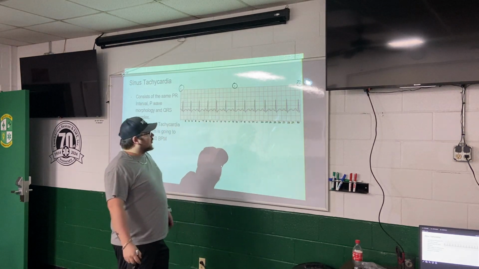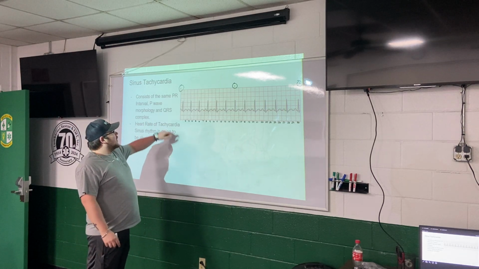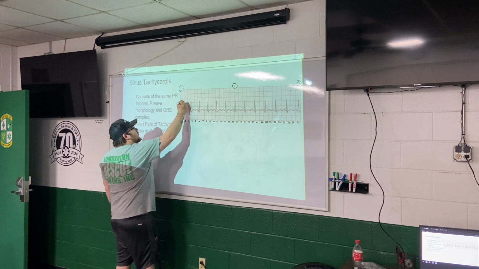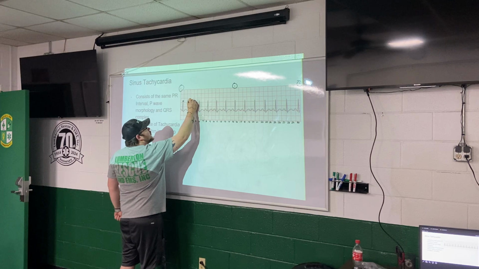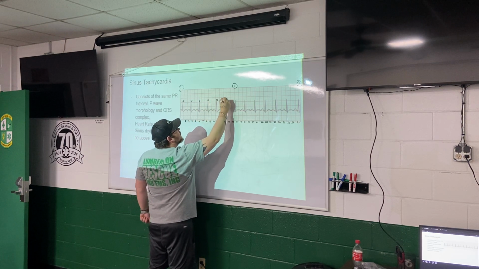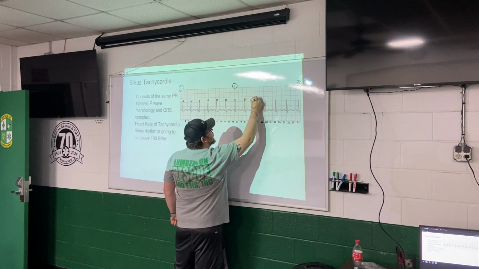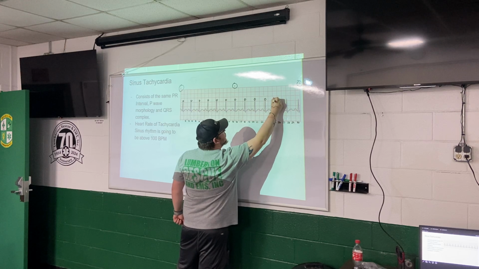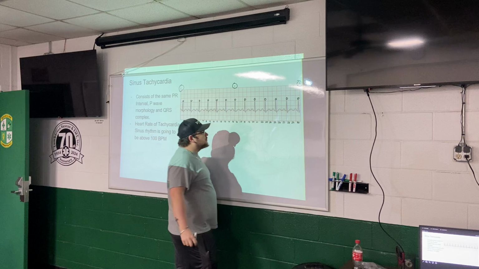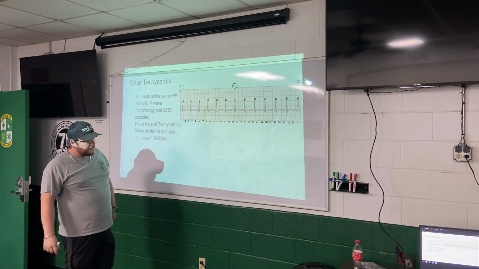So we got our 30 boxes, so we got a 6-second strip. Next thing we're going to do, we're going to count each point that is inside of this strip. So we got 1, 2, 3, 4, 5, 6, 7, 8, 9, 10, 11, 12, 13. All right, so you have 13 points inside of a 6-second strip.